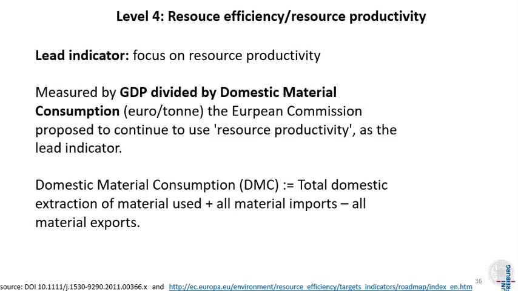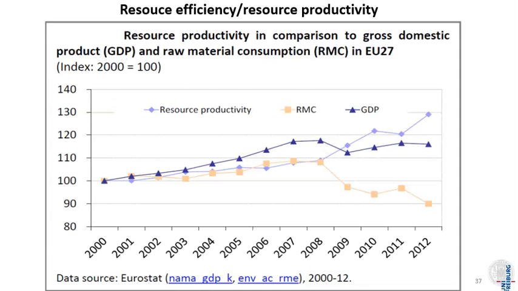So we get an indicator that tells you how many materials you need for producing €1 or other currency unit of economic output. That would be the resource efficiency of the economy, and you can use the inverse of this indicator. So this is GDP per material used, and this is then the resource productivity of an economy.